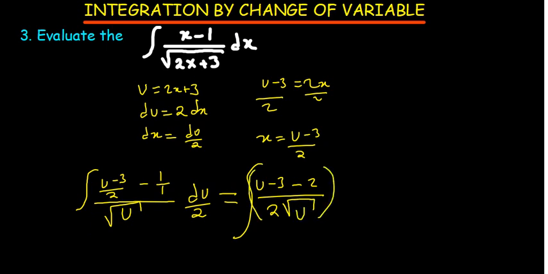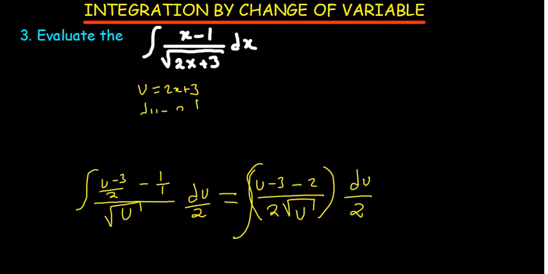And then you also have du over 2. And that is going to proceed. That is going to be the integral of u minus 3 minus 2, that would be a negative 5.